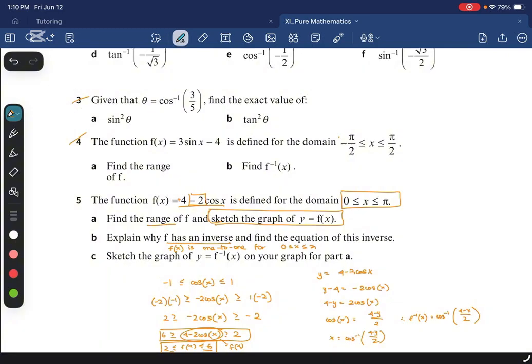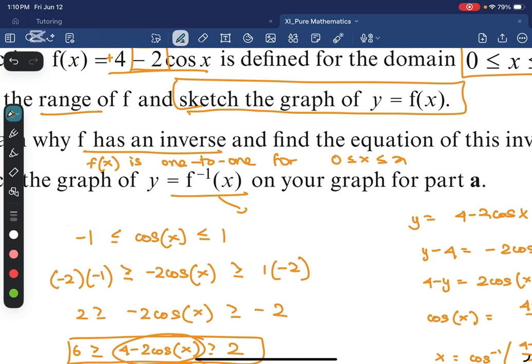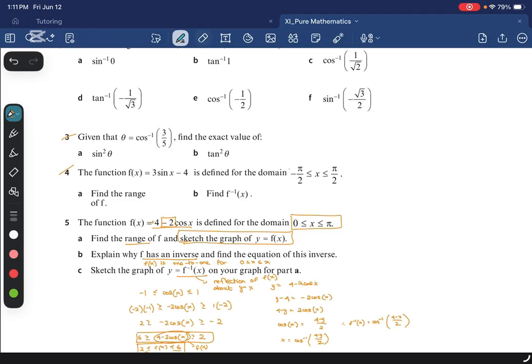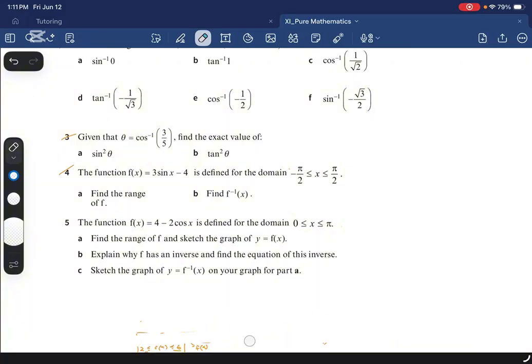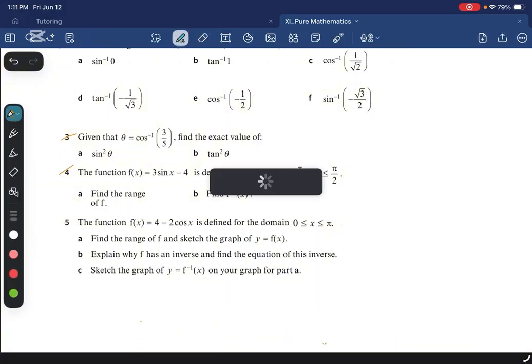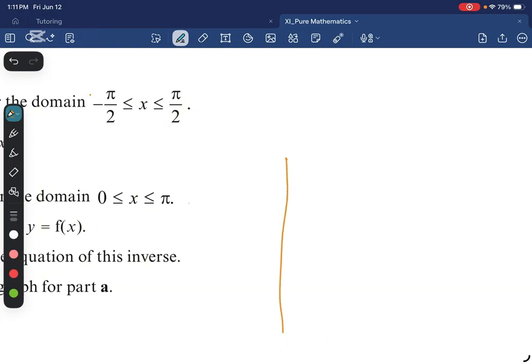And sketch the graph of f inverse. I'm going to leave you, but this graph needs to be a reflection of f of x about y is equal to x. I'm going to leave you to draw it on your own. Maybe I can give you a very rough sketch. f of x for 0 to pi looks something like this.